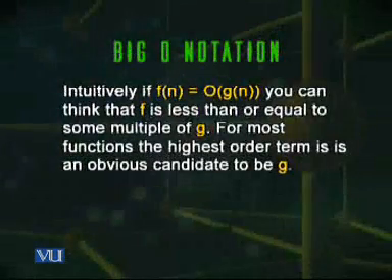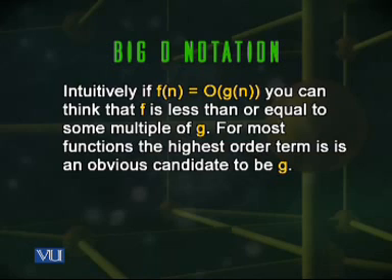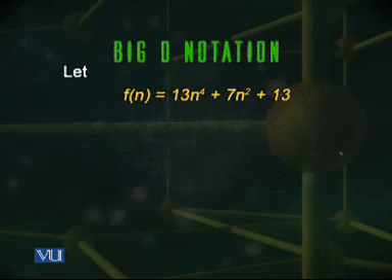Let's continue. Intuitively, what we will think is f of n is big O of g of n. You can think that f is less than or equal to some multiple of g. For most functions, the highest order term is an obvious candidate to be g. Let's look at this example.